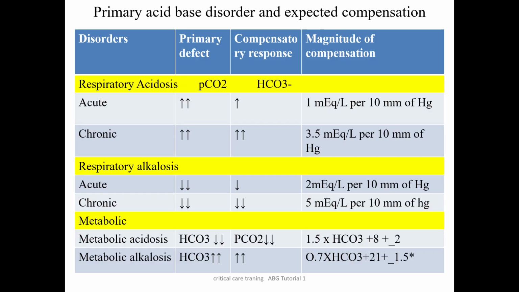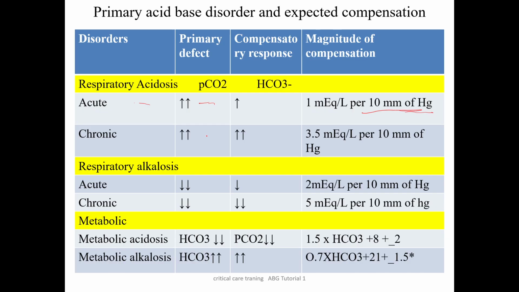In acute respiratory acidosis, the CO2 is high, and the kidney will not compensate immediately, so there will be a 1 milliequivalent rise in bicarbonate for every 10 rise in PCO2 above normal. So if it goes from 40 to 50, the bicarbonate will increase by 1. If you take 24, it will become 25.